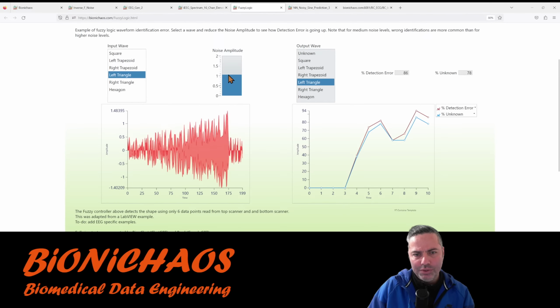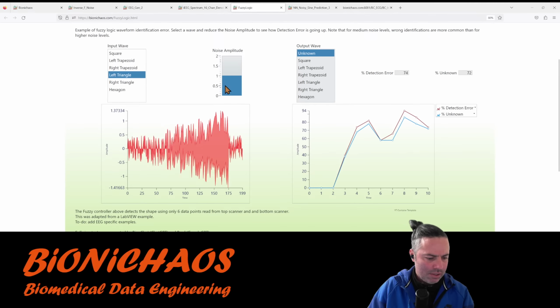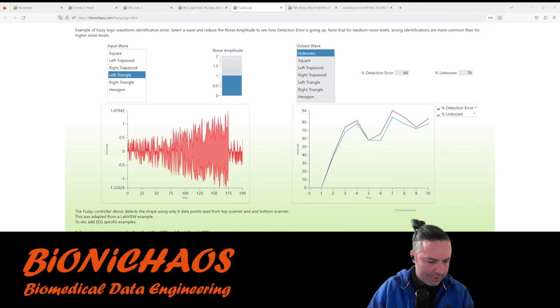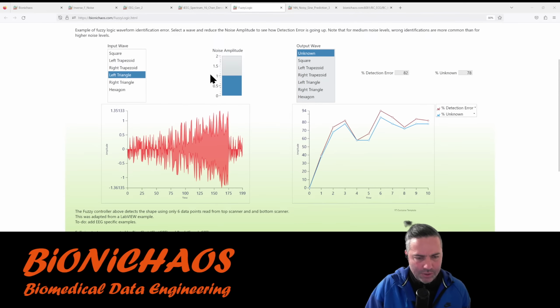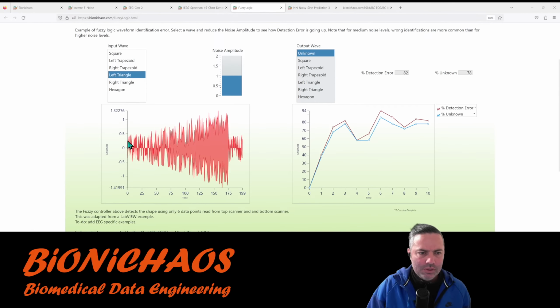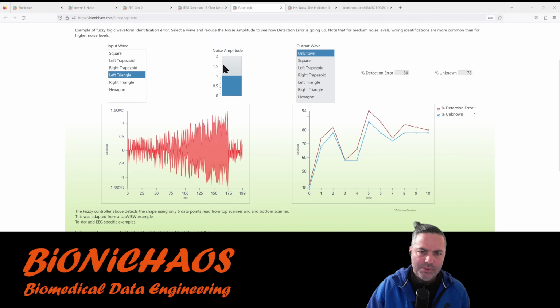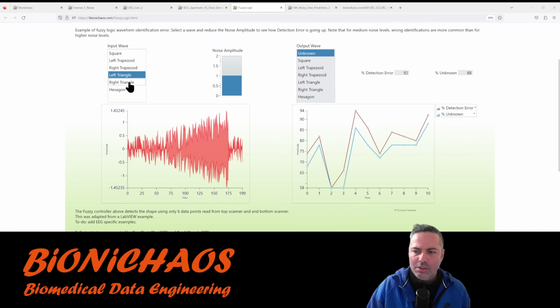If you had the noise of just around 1, which in this case is not an absolute value, it's just relative to the signal strength, right? That's why there are no units to this.